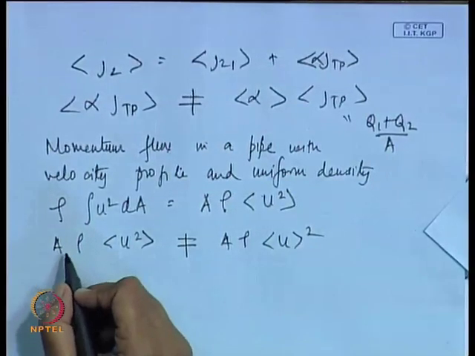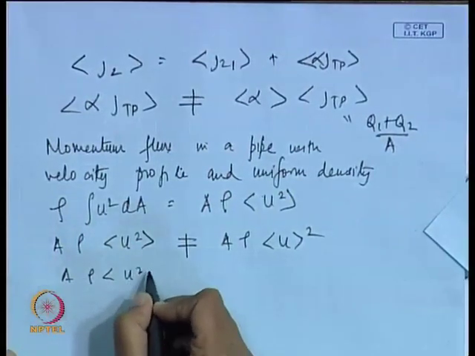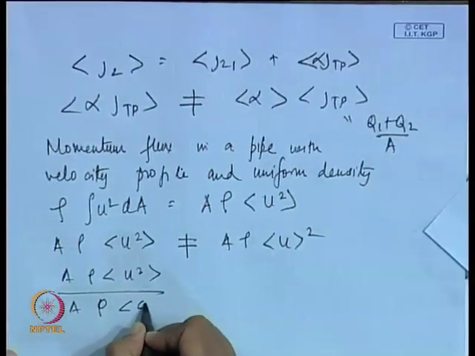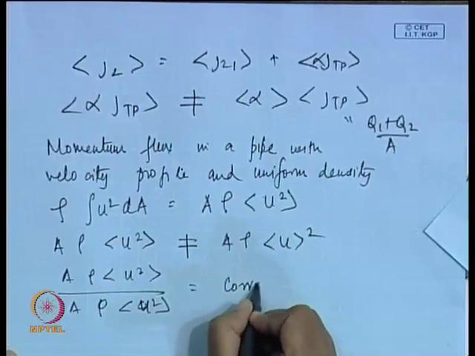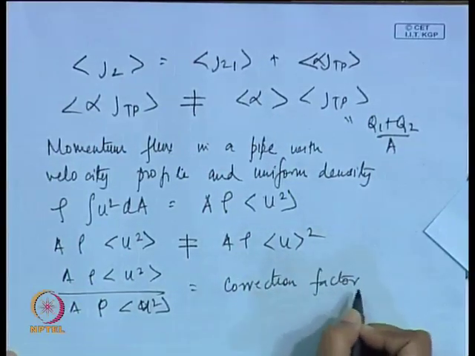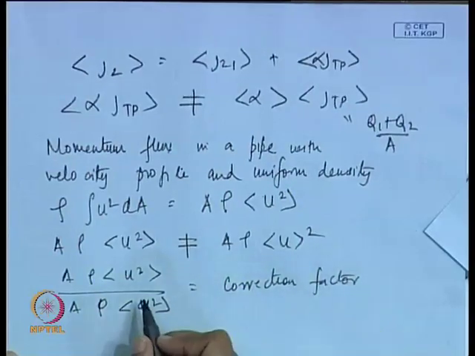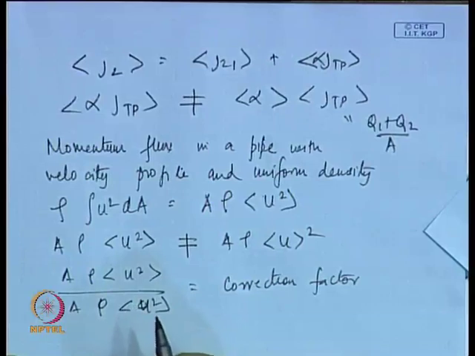For simplicity, it was nothing but the ratio of this divided by this particular ratio. This was introduced as a correction term, keeping in mind that this correction factor will be equal to unity for the truly one dimensional case and not far from unity for the general case.